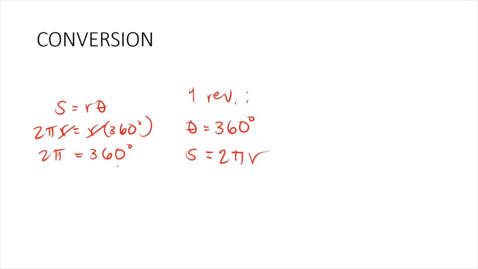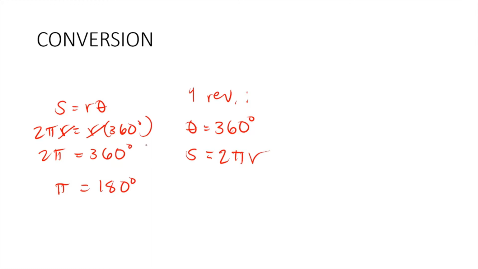This equation means for the basis of one revolution, 360 degrees is equal to 2 pi radians. We can now use this equation to convert degree unit to radian unit and vice versa. We can also simplify this as pi equals 180 degrees.